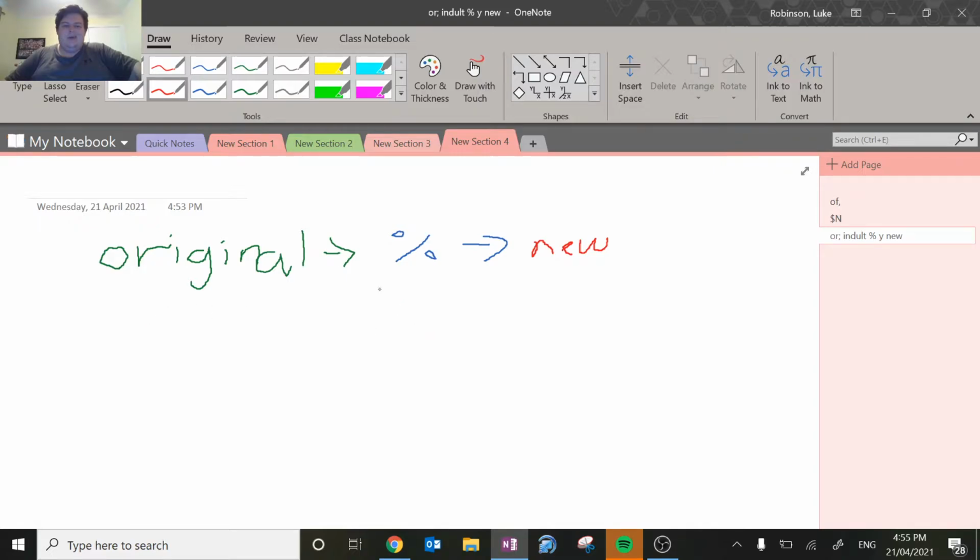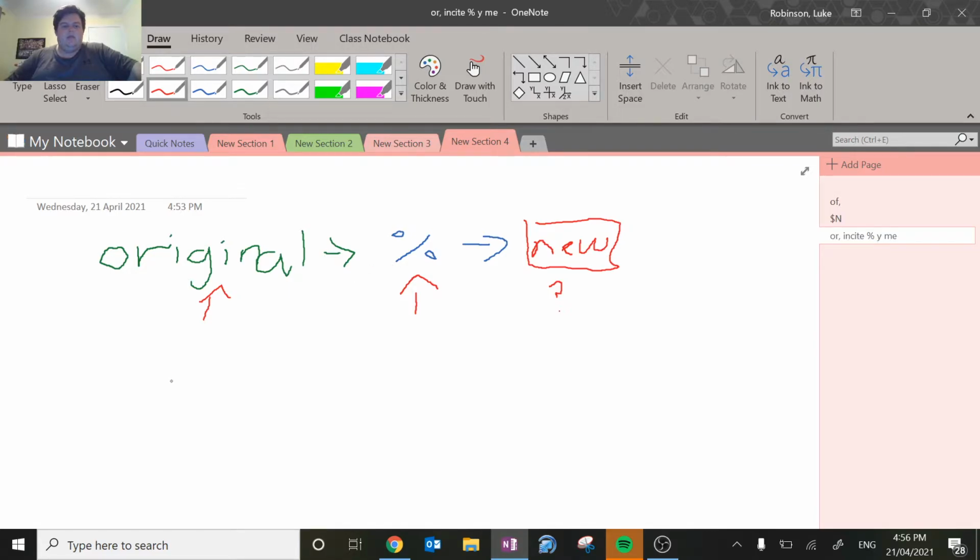Dependent on which one is missing, we're going to solve it in a slightly different way. Let's start with the easiest one, where the new price is missing. So we have the original, we have the percentage discount, but we don't have the new.